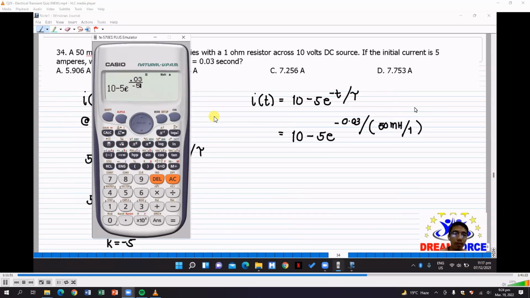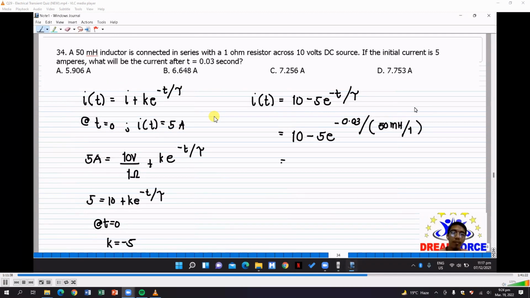Ilagay ko na lang dito negative 50 millihenry. So 7.256 amperes. Okay, that is letter C.